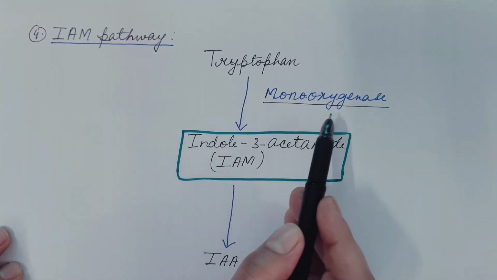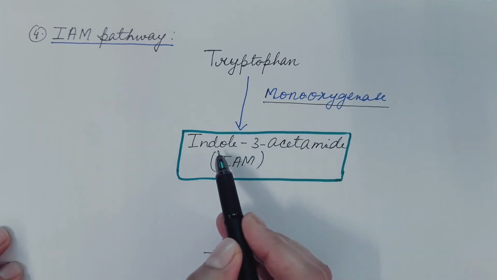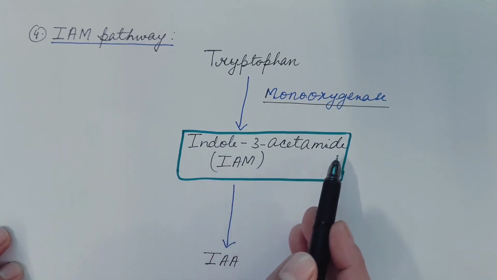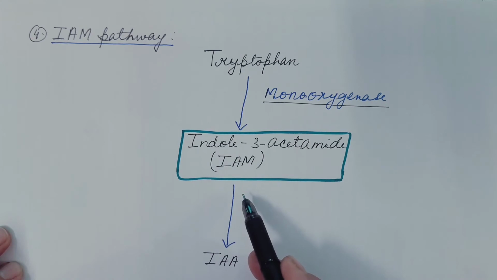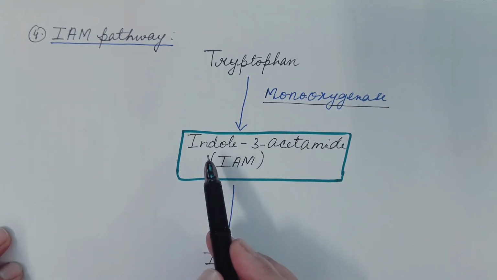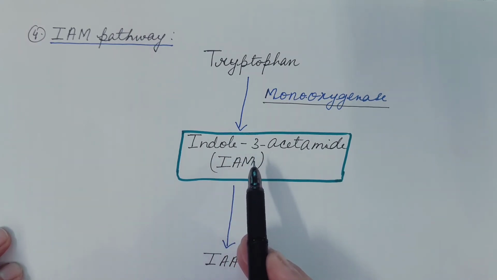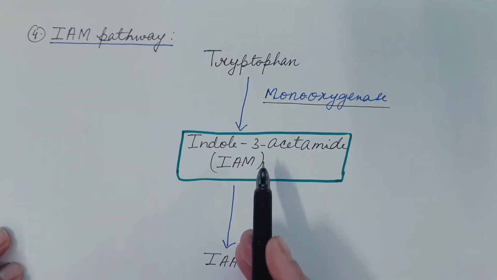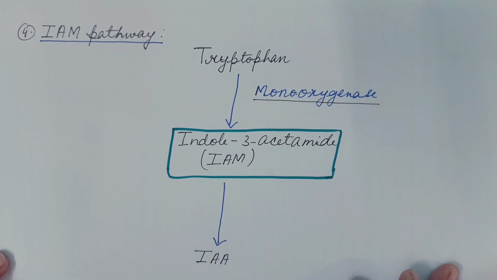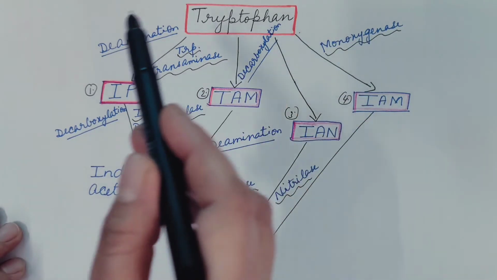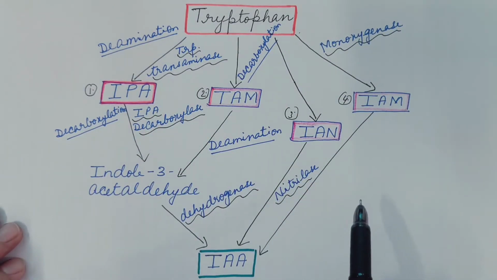Tryptophan in the presence of the enzyme monooxygenase is converted into indole-3-acetamide, IAM. This is then converted into indole-3-acetic acid. So here the first intermediate is IAM, and hence it is known as the IAM pathway. This type of pathway is used in bacteria, for example Agrobacterium.